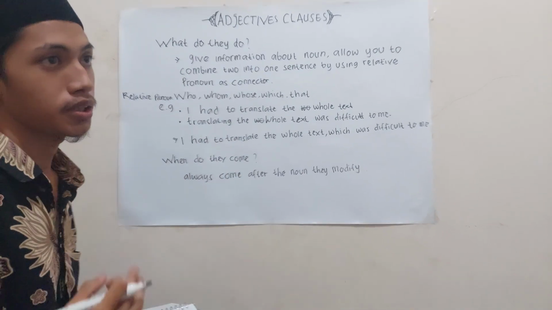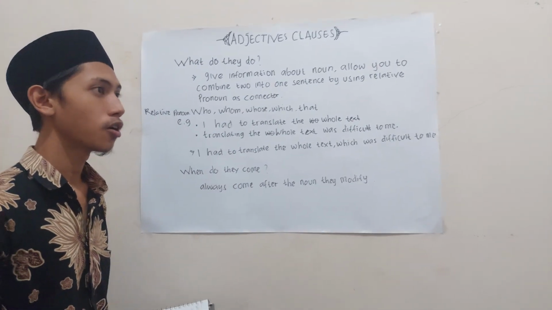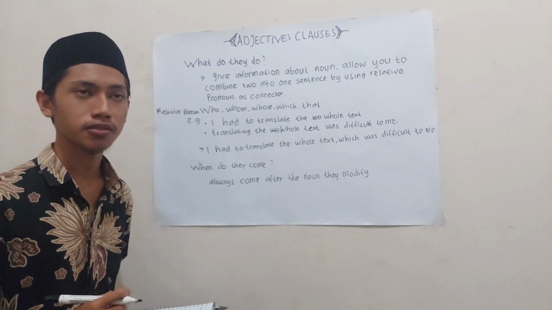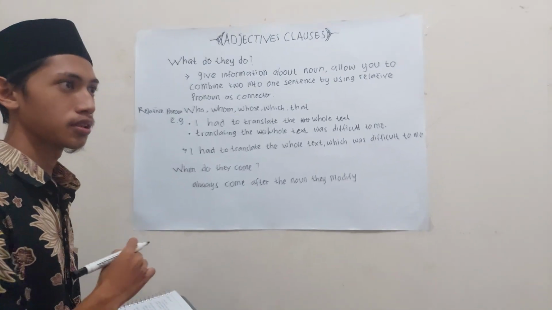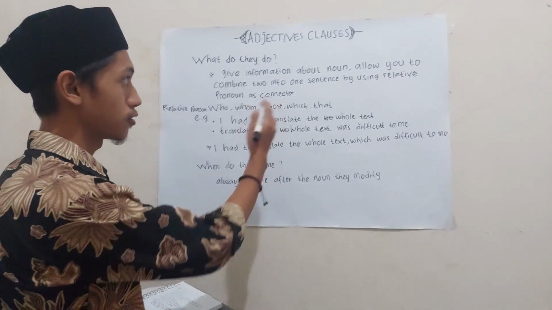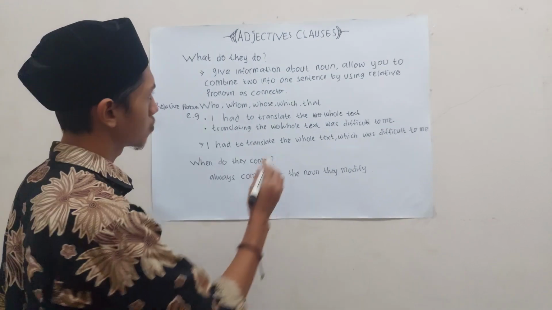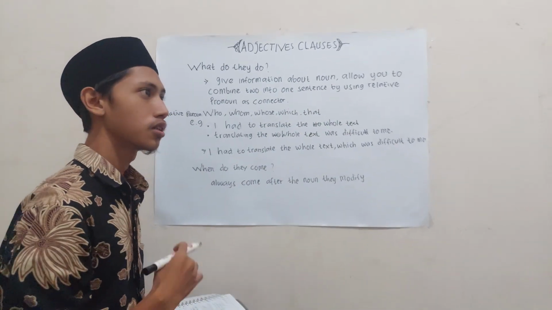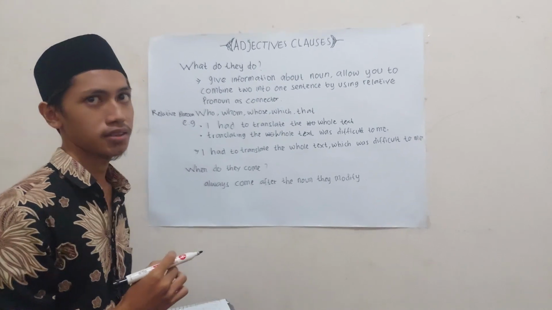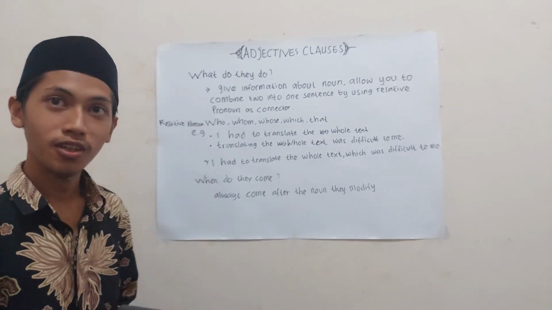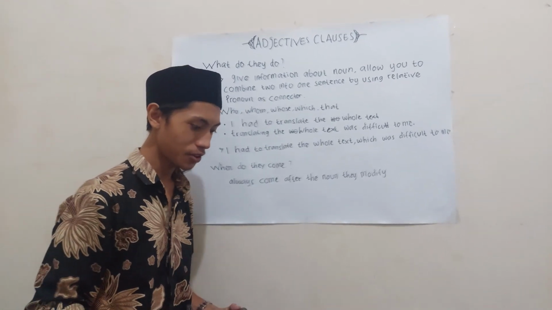So if we read a book, how can we know that it's an adjective clause? The characteristic of an adjective clause is a relative pronoun. If you see a relative pronoun in a sentence, maybe there is an adjective clause. So that is what I can share with you tonight.